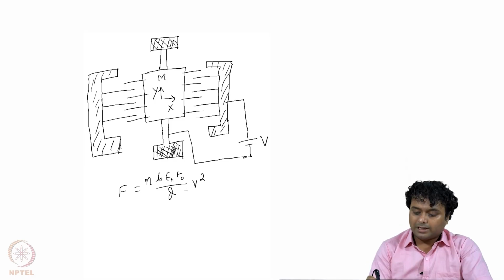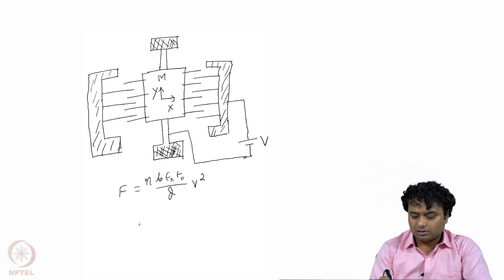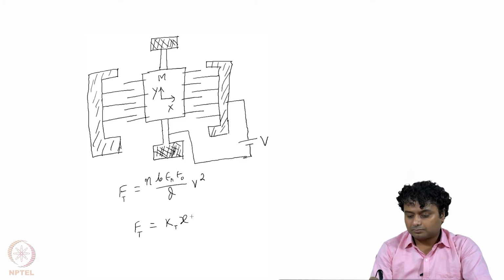So, we can decide the force by just changing the voltage, V. And again, these are the two fixed points, and for these beams, if we know the stiffness constant, then for displacement, let us say in the x direction, we can write that the transverse force is equal to the transverse stiffness constant into x, which is the displacement.